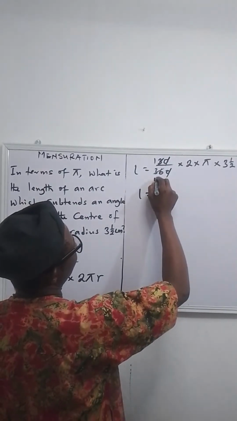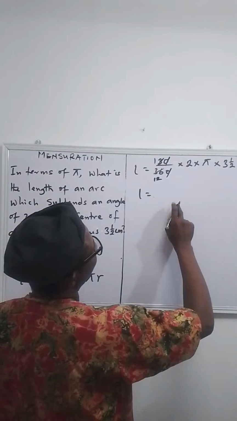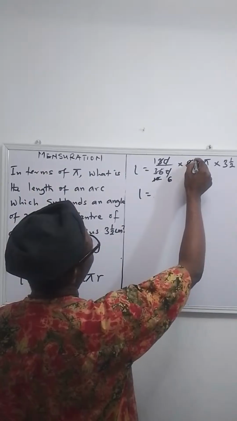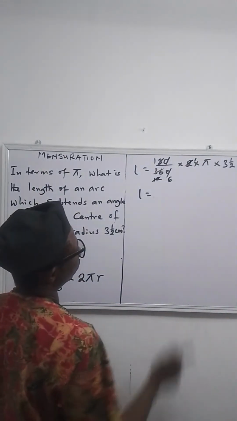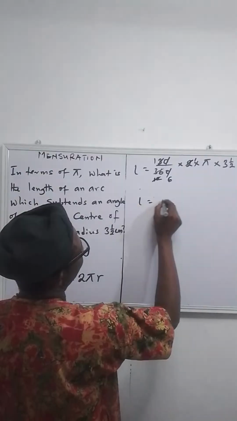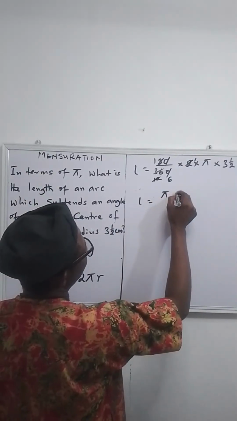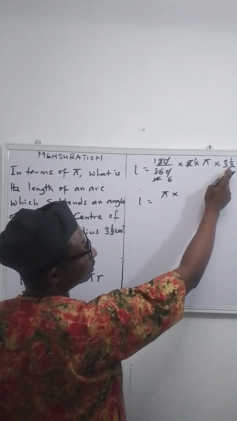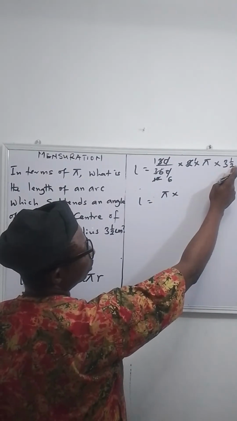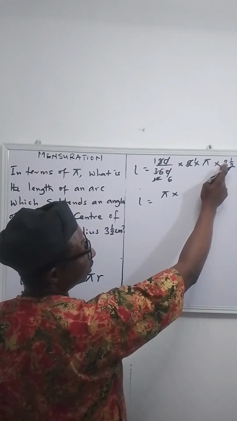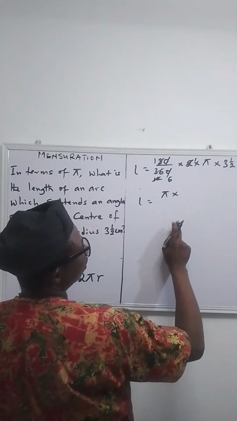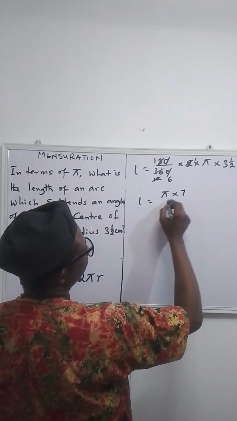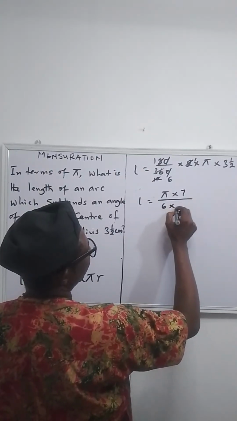So we have 12 here. 2 goes here is 6, 2 goes here 1. So now L will be pi times 7 over 2, because 2 times 3 is 6 plus 1, that's 7. And 6 times 2.